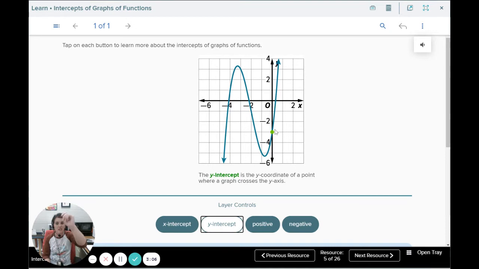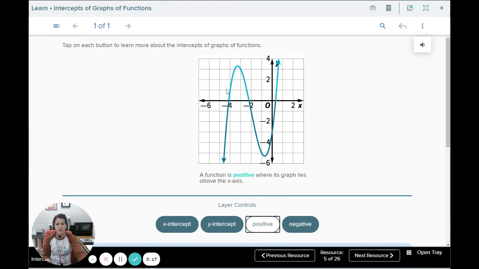It's where this line, this curve, this graph crosses the y-axis is the y-intercept. Where is my graph positive? Well, everywhere that it's above the x-axis. Everywhere it's above the x-axis is where my graph is positive, and everywhere that it's below that x-axis, it is considered to be negative.